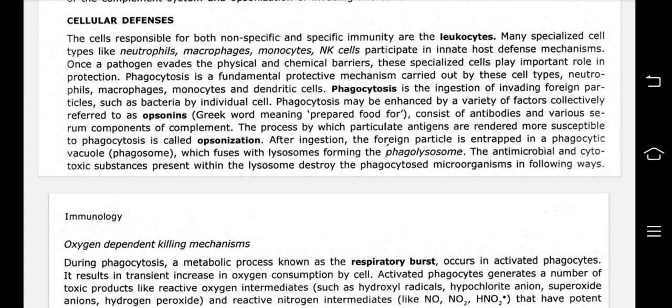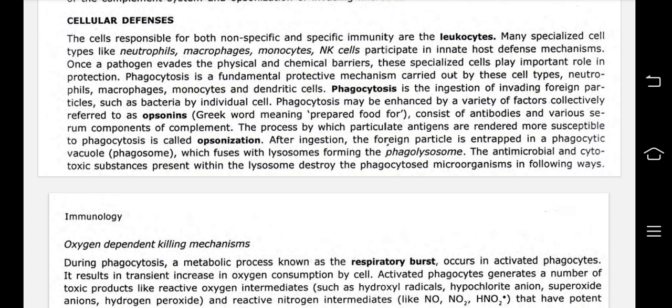Phagocytosis may be enhanced by a variety of factors collectively referred to as opsonins, Greek word meaning prepared food for, consist of antibodies and various serum components of complement. The process by which particulate antigens are rendered more susceptible to phagocytosis is called opsonization.